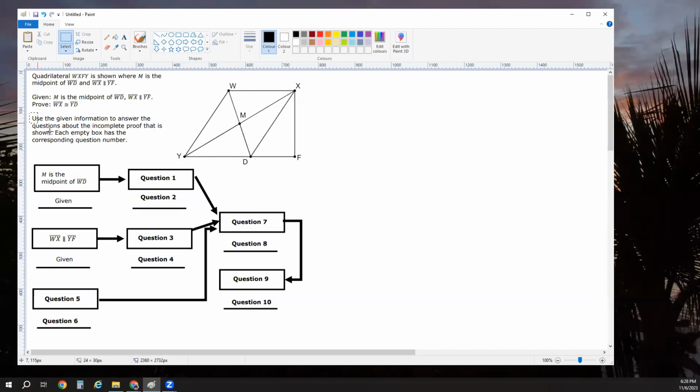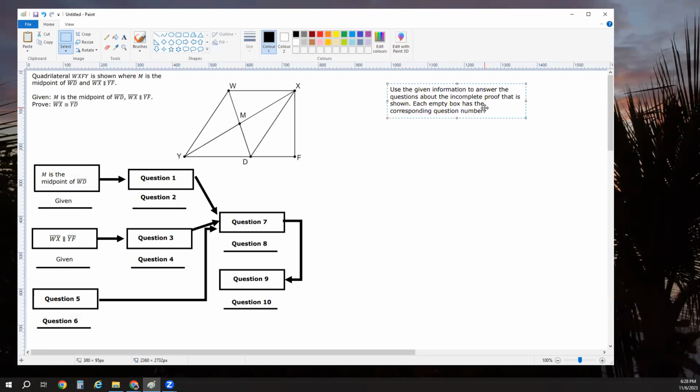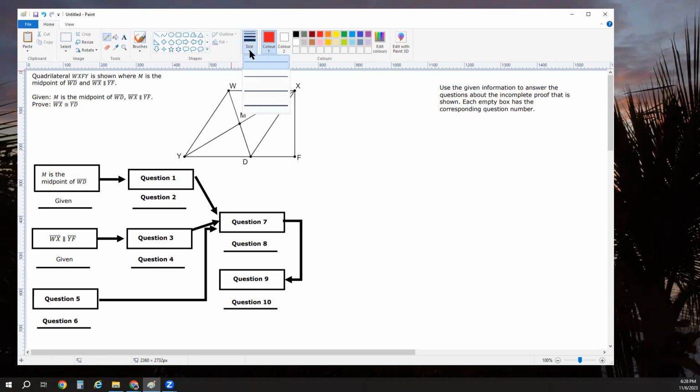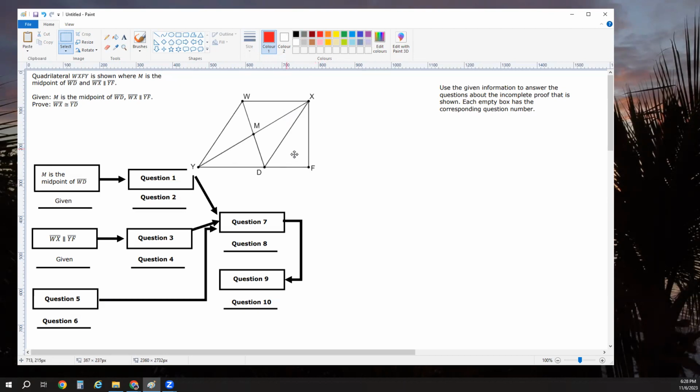Well, I'm not going to do that. I mean, I will do that just in a roundabout way. I'm going to just fill out the proof, knowing what I know. So the first thing for any proof, the best way I go about these things is to mark it up, work your way to what it's trying to prove, knowing what you know, and then make notes in the margin.